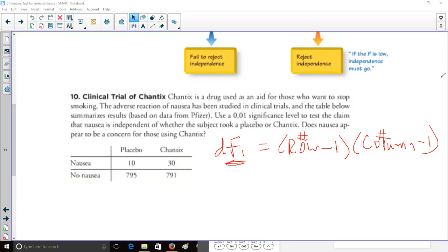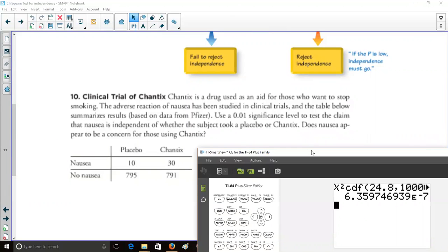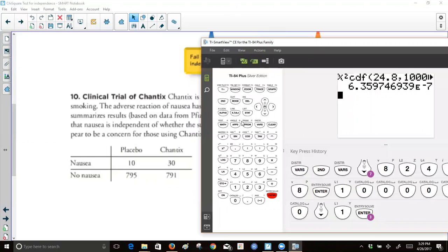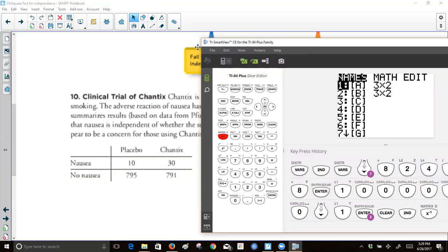Maybe I should show you how to do this with the calculator. So, let's clear that ink. What you've got to do to run a chi-square test on a graphing calculator is get the data into a matrix. The way you do that is second, matrix, the x to the negative 1 key.